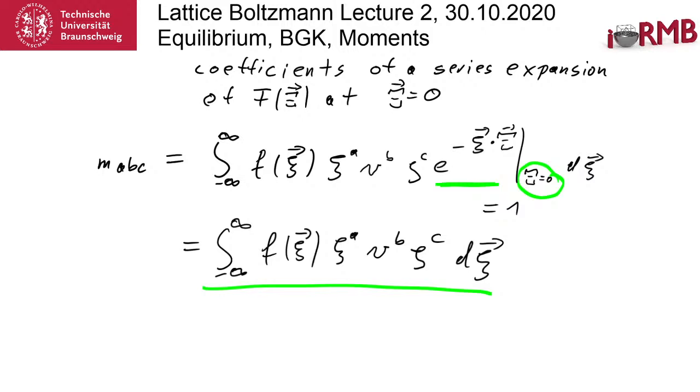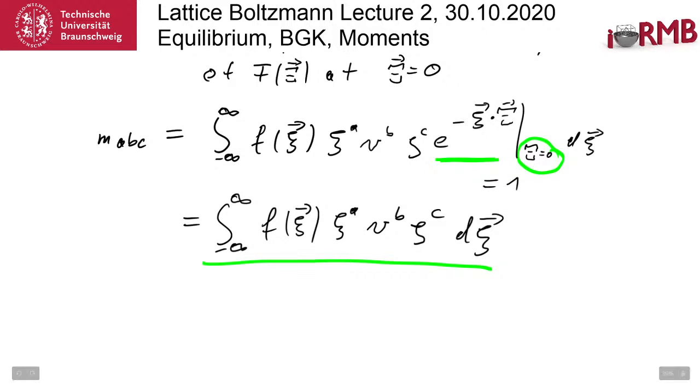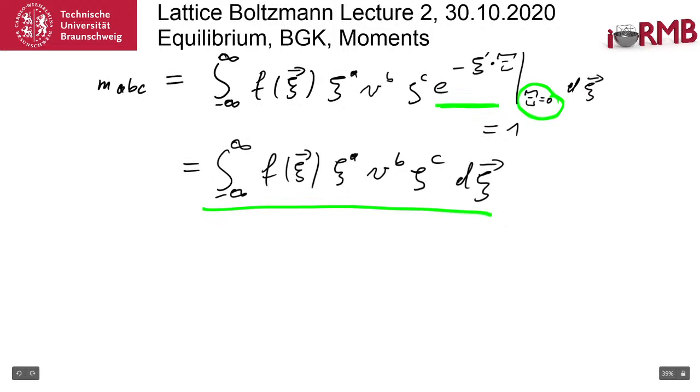And this is important to know, because we sometimes need some properties of the Laplace transform. Okay, so it doesn't stop here, because there are many different ways of defining moments.